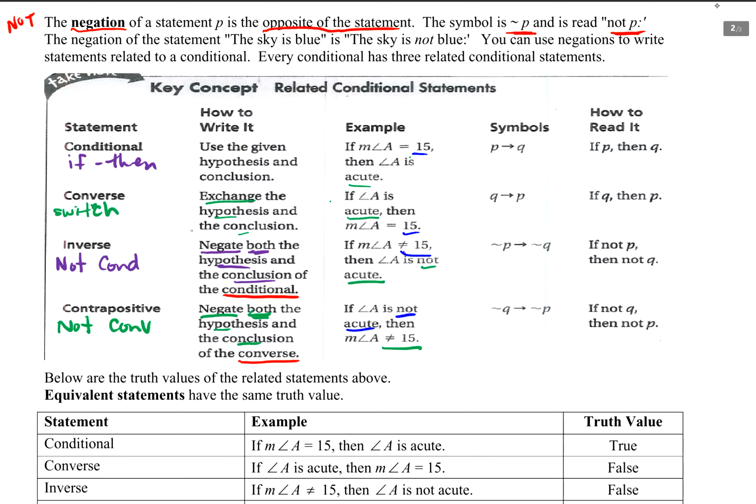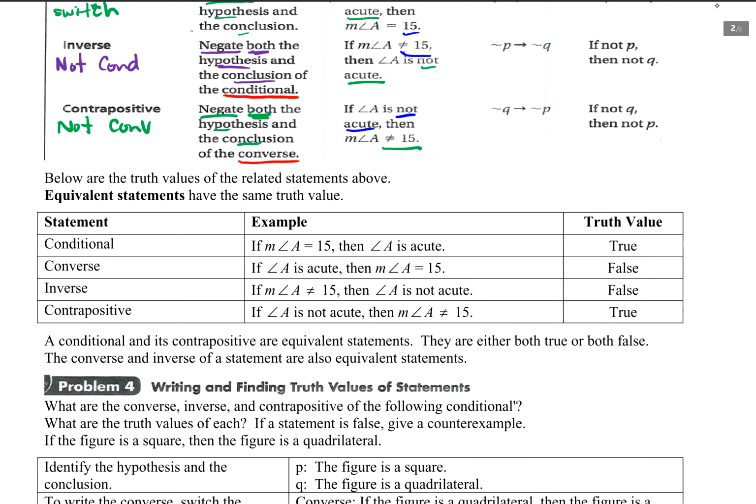And the measure of angle A is not 15 degrees. So you have to be careful with these. If you pay attention and think about what's my hypothesis, what's my conclusion, then they're easy to write, but you have to be careful.